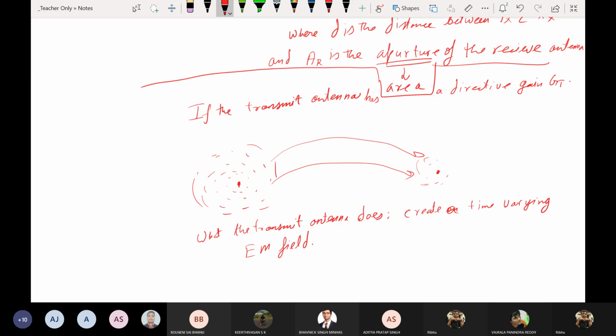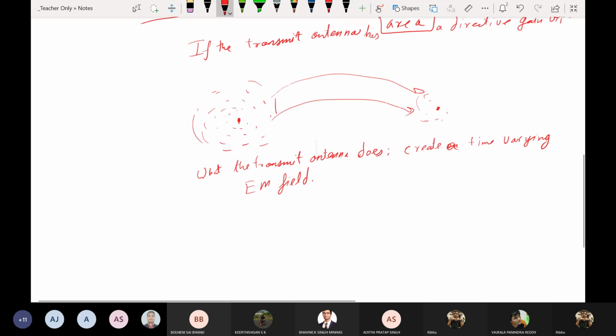The transmit antenna creates a time varying electromagnetic field. That is understandable. Fine.